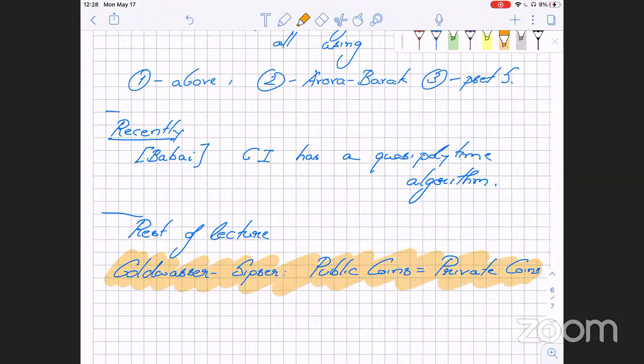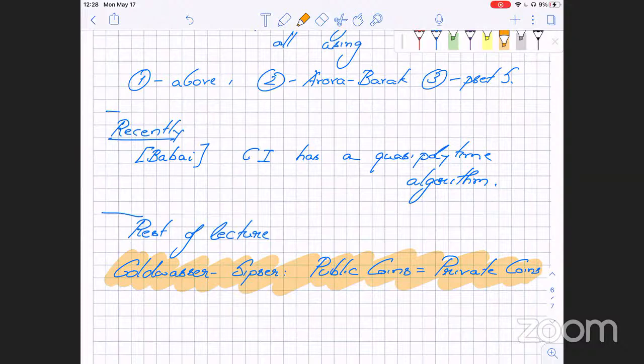How can you come up with a public coins protocol for graph non-isomorphism? In our protocol, the soundness depended on the fact that the verifier was hiding the randomness from the prover. But I'm now going to give an alternate protocol in which the verifier just tells away the randomness, and yet it will be an interactive proof, a public coin protocol, that proves to you that the graphs are non-isomorphic.